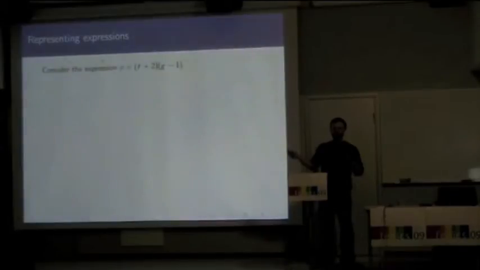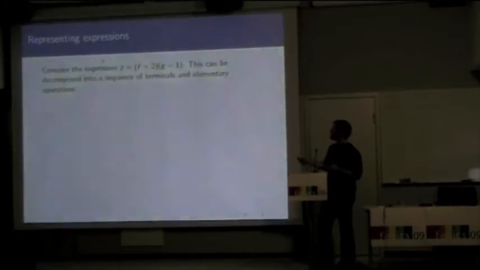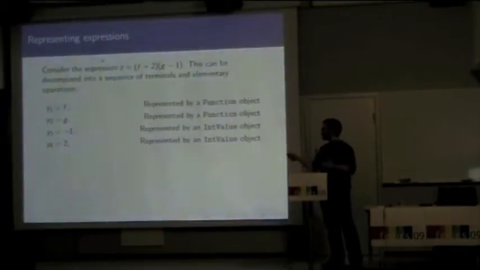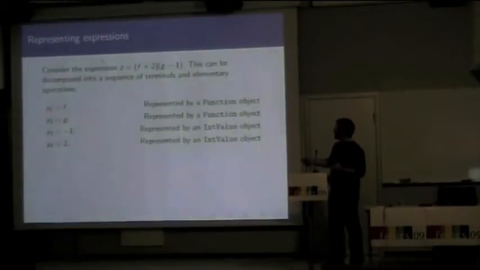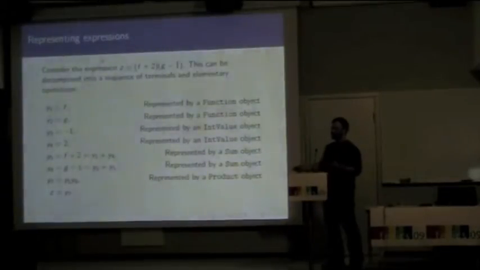Expressions are represented internally as expression trees. So consider this simple expression, and you can decompose this into a sequence of terminals and elementary operations. So the terminals are functions and int value objects, and then we have a sum, which is represented by a sum object, and the same here, and then we have a product of the sum objects.